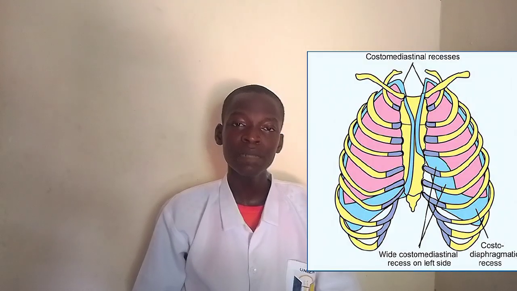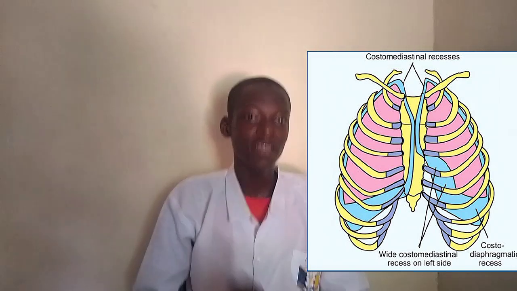Now let's go back to the costomediastinal recess. Between the what? The costal and the mediastinal pleura. That is between the sternum and the costal cartilages. And it's also important to note that the most dependent part of the pleural cavity is the costodiaphragmatic recess.